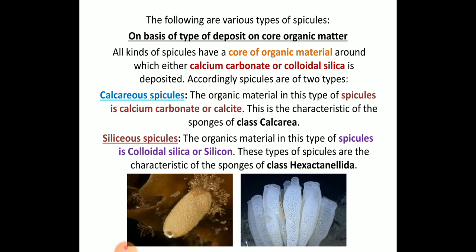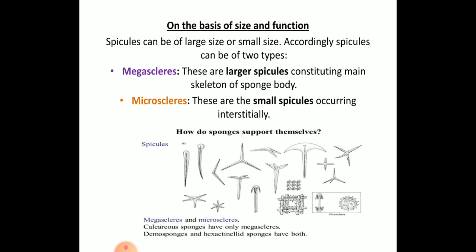Next, siliceous spicules. In the picture you can see Euplectella, the glass sponges. They are made up of silicon, and these spicules are characteristic of Hexactinellida. So these are the two different types depending on the deposition on the core organic matter.